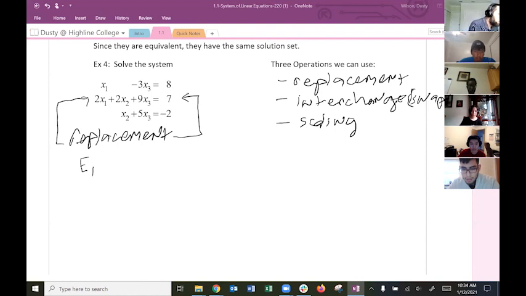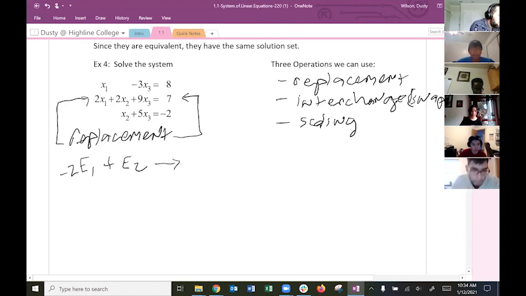Okay, E1, and I'm going to multiply it by -2. And I'm going to add it to E2. And I'm going to turn this into my new E2. So it's a replacement. I'm replacing E2 with this new combination.